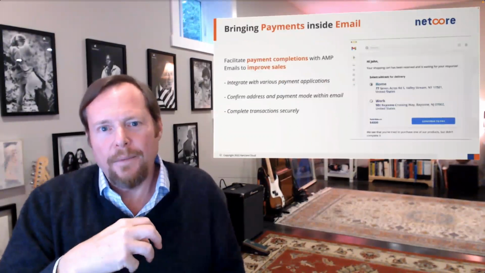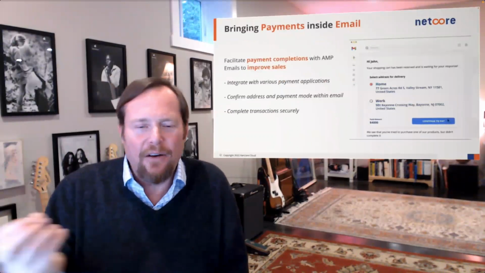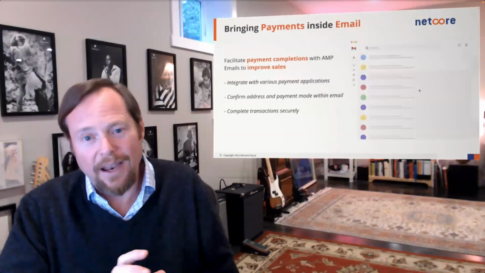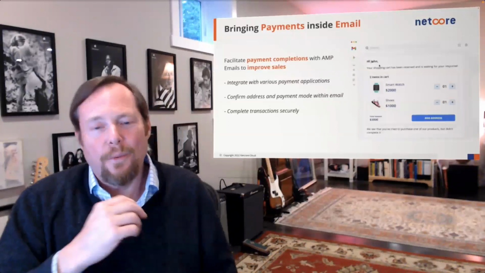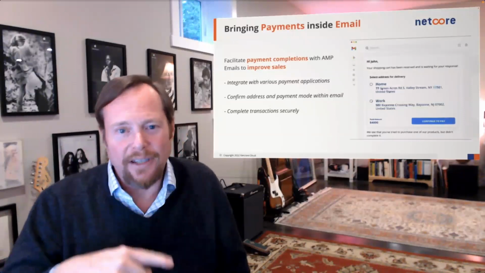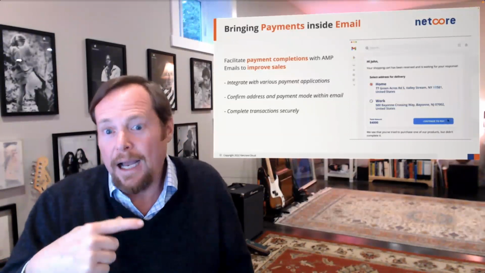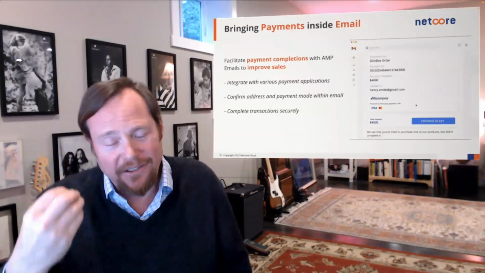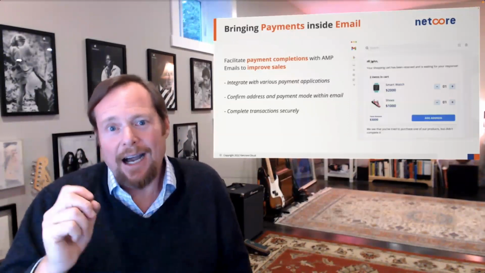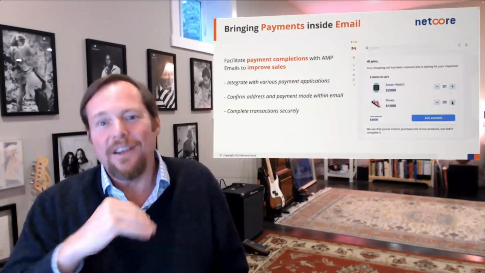So currently we can bring a lot of down funnel conversions into the message itself with AMP for email, and very soon we're bringing payments themselves into the message so that we can actually convert and confirm and facilitate and complete transactions in the message itself, reducing significant friction.